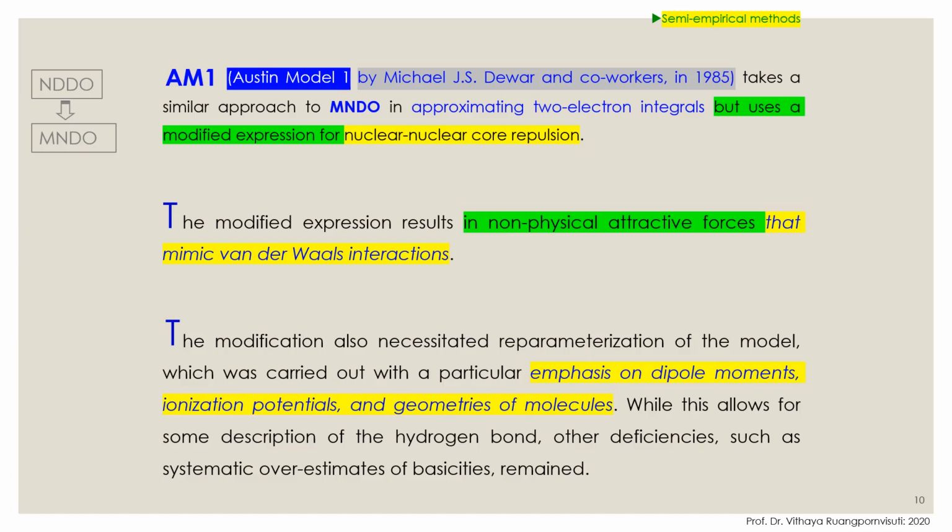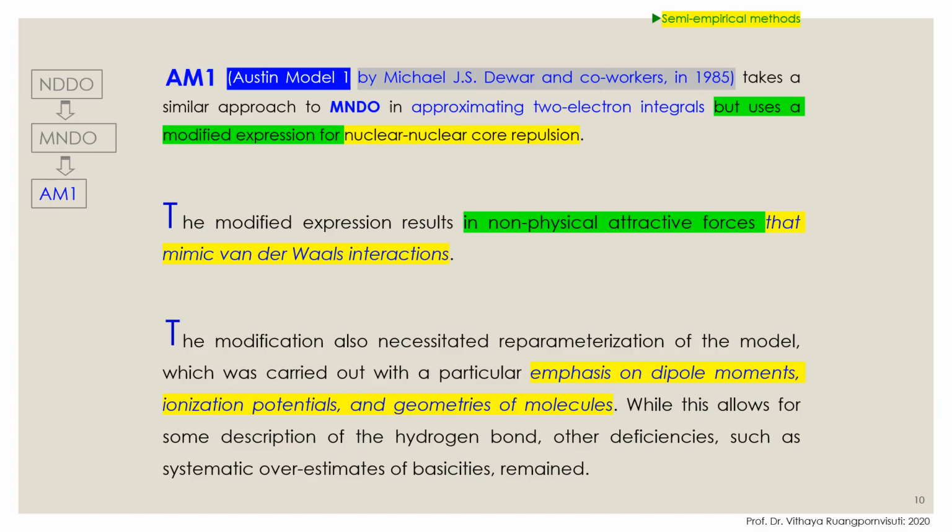AM1 takes a similar approach to MNDO in approximating two-electron integrals, but uses a modified expression for nuclear core repulsion. The modified expression results in non-physical attractive forces that mimic van der Waals interactions.